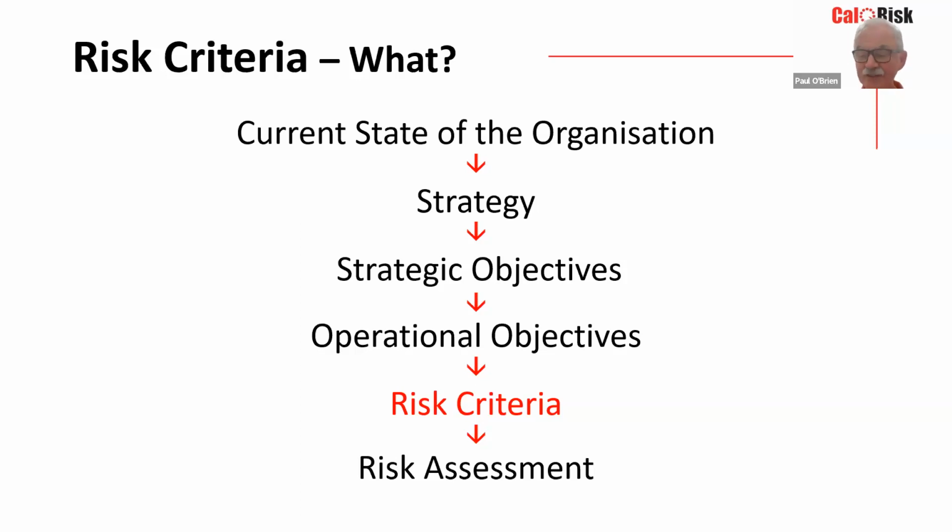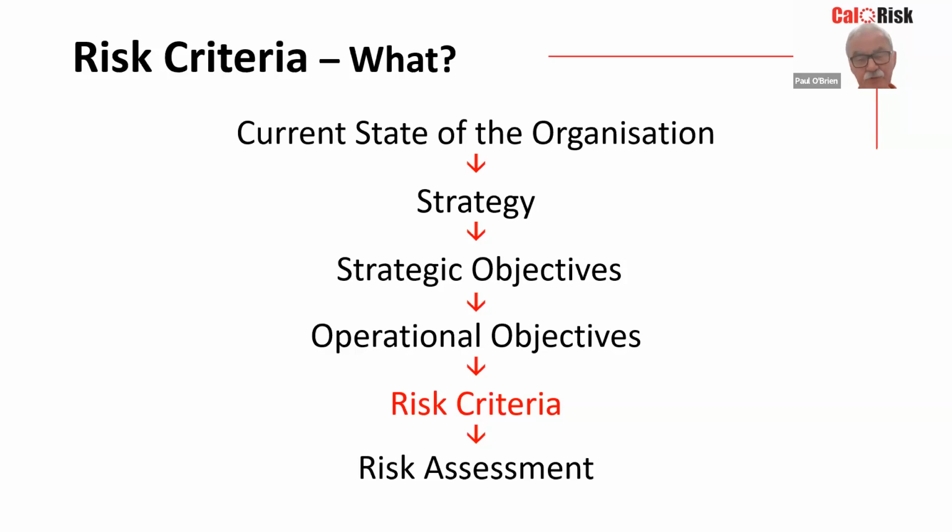So organizations have strategy, and from that, they have strategic objectives. And from them, they usually have operational objectives. So the strategy informs the operational objectives, and from that, risk criteria are developed. The principle here is that risk is the effect of uncertainty on the objective.